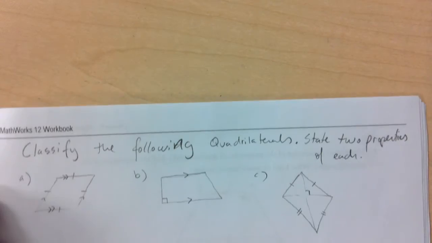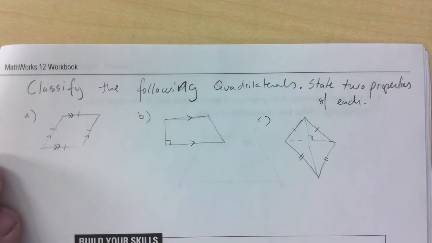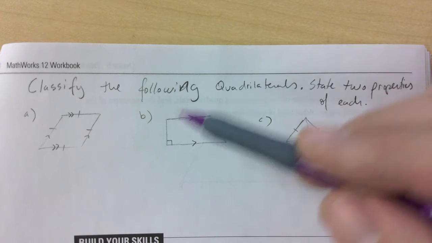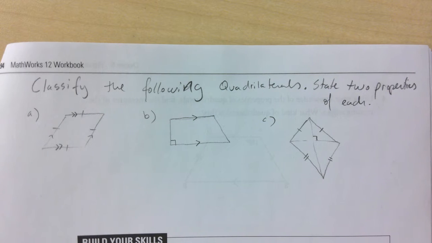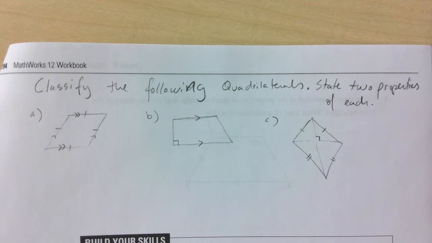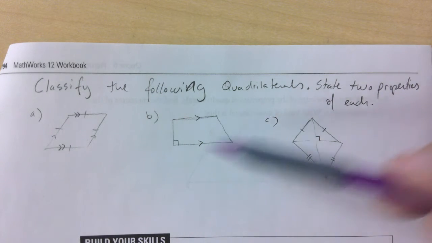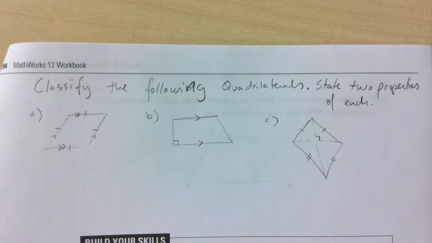So on page 194, I want you to copy, there's some blank space there on page 194, and just write this down as you see it, okay?